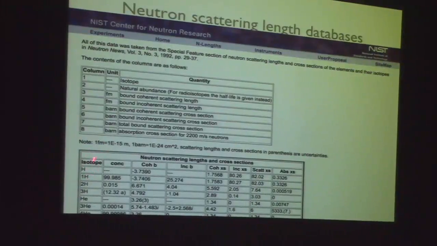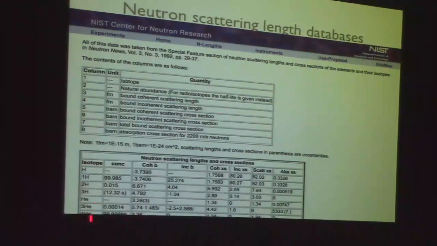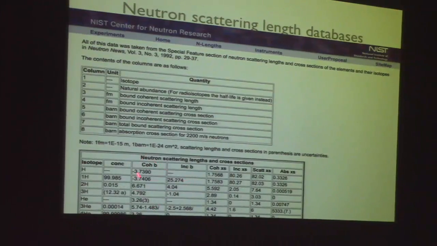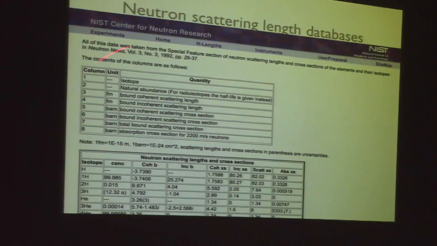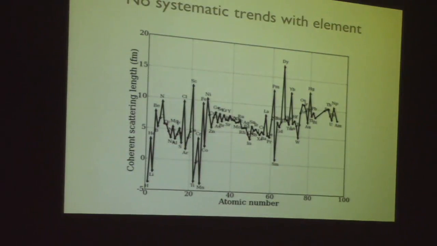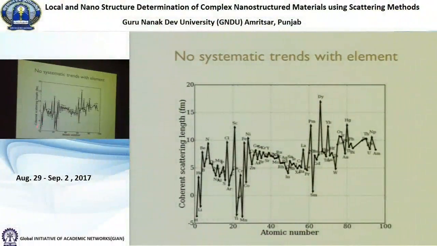But every single element and every single isotope has some scattering lengths, a coherent and an incoherent and an absorption cross-section, and it's all contained in this table. So for a particular wavelength of neutron, and you look across the atomic number, the coherent scattering length goes like this.